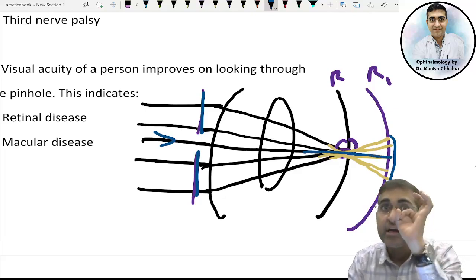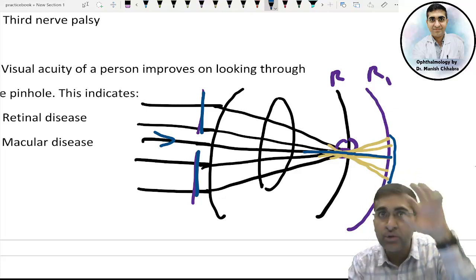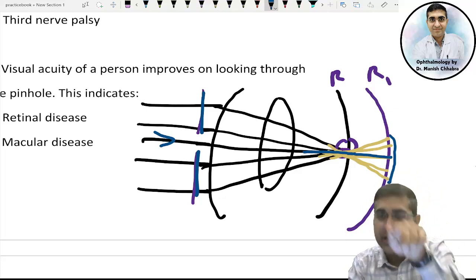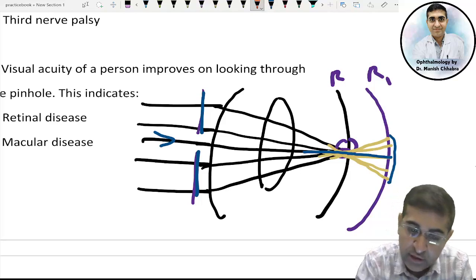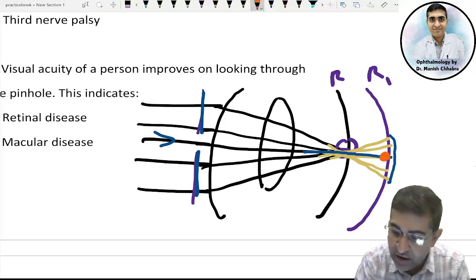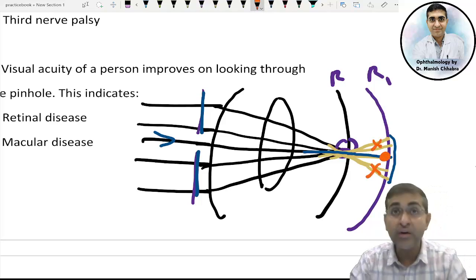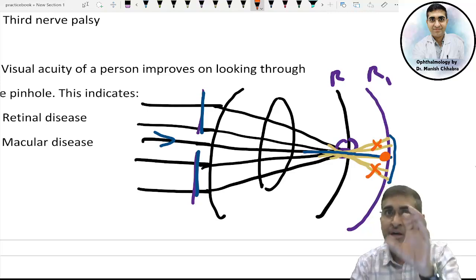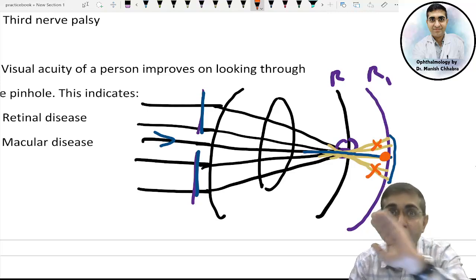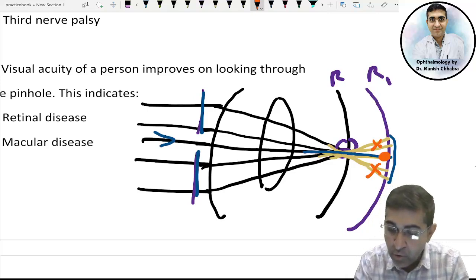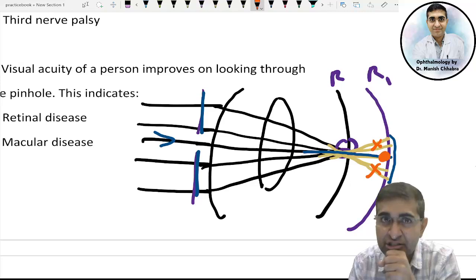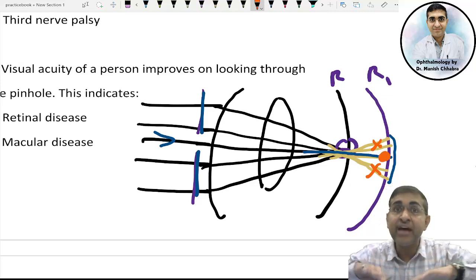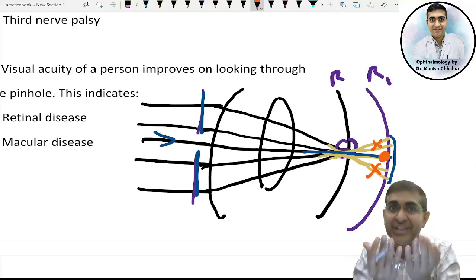Since the pinhole has occluded the peripheral light rays, only the central light ray will pass. After placing the pinhole, there will be only one focal point, and all these light rays which were initially interfering with the point of focus will now be occluded. So now only the central part of the retina, which is the fovea, will be stimulated, and as a result the patient will have improvement in the vision.